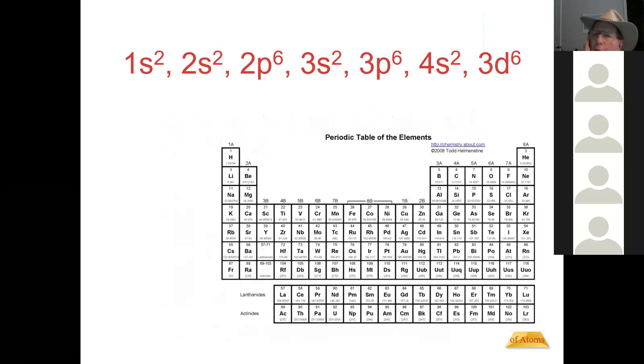All right, Aubrey, do you want to try this? So you want me to say the element? Do you want a cheat sheet here, Aubrey?